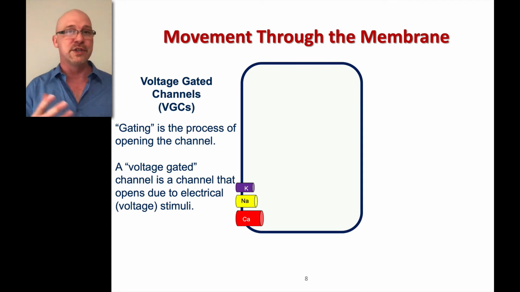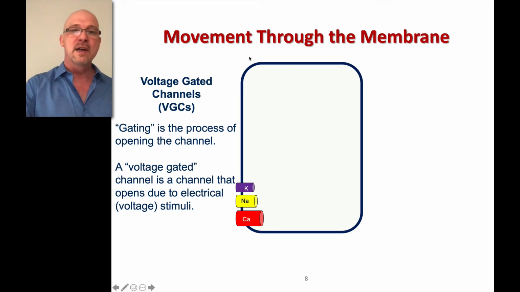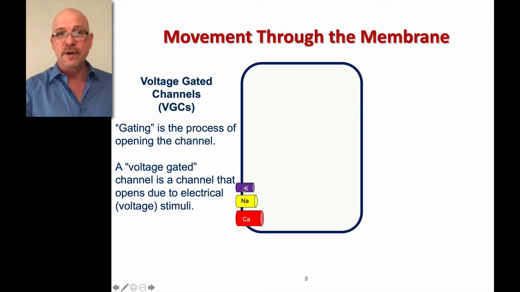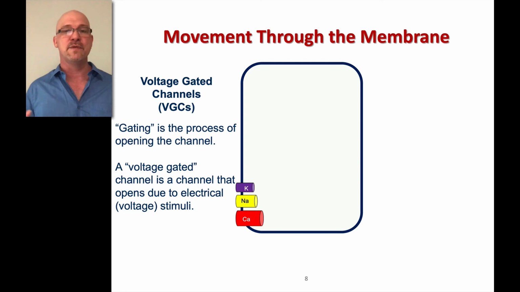Voltage gating means that when an electrical signal hits those channels, when we have an electrical charge going through the plasma membrane, it'll come along, hit the potassium channel, for example, and the potassium channel will then open up and allow potassium to flow through.